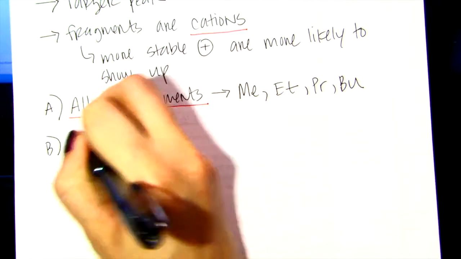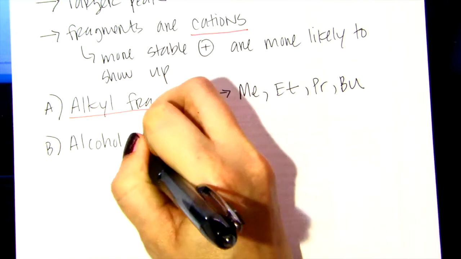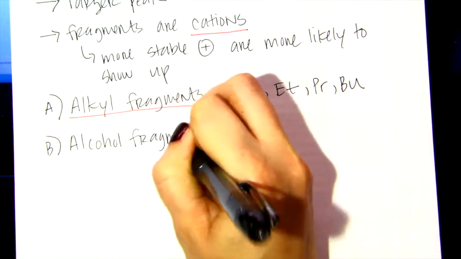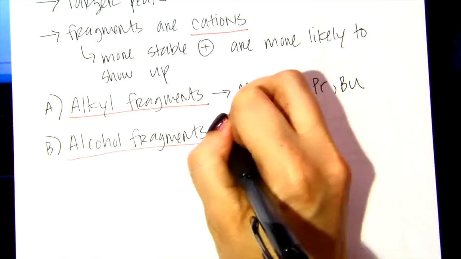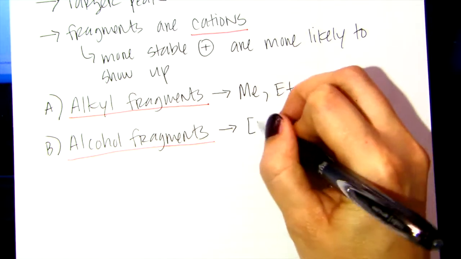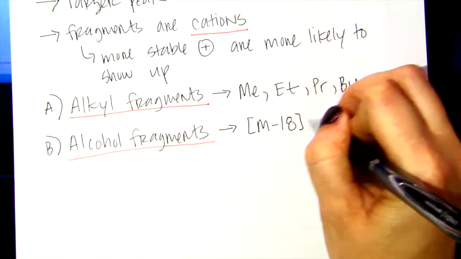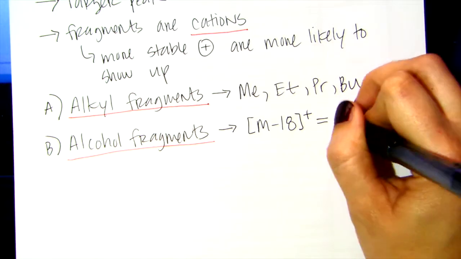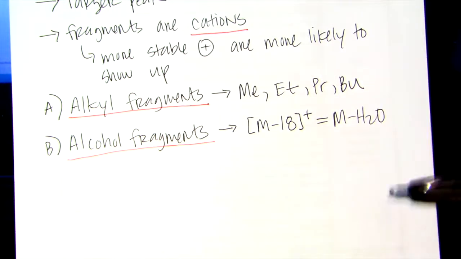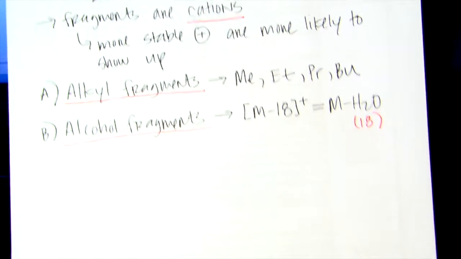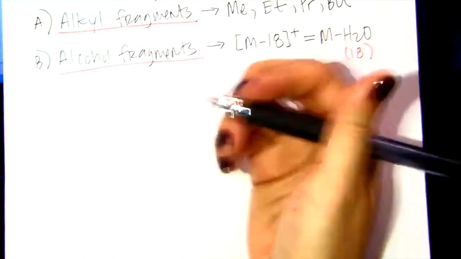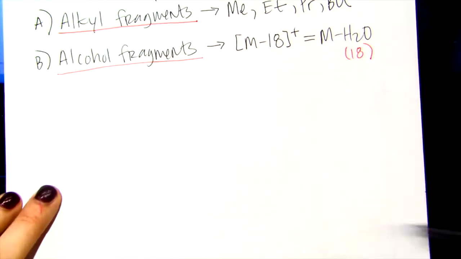Again, the second one, we already kind of mentioned this one, is if you have an alcohol functional group, you'll see the alcohol fragment pattern, which I already introduced. You'll see the M minus 18 peak, and that's very distinctive for an alcohol. That's going to be M minus water. Water has a mass of 18. So if you see a peak there, it usually means you have an alcohol.